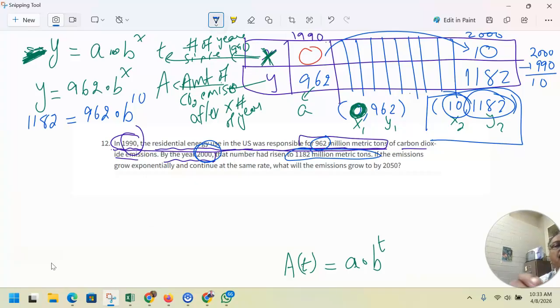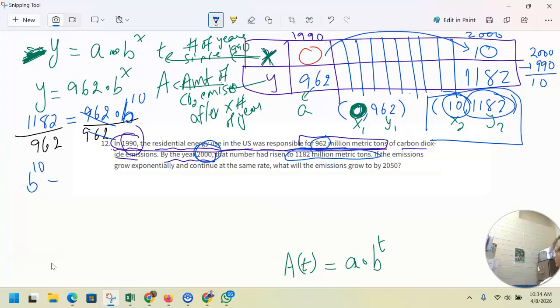Then solve for B: divide both sides by 962 and 962. So this crosses out, and what you are left with is B raised to 10 equals 1182 over 962. Now how do I get away with this 10?